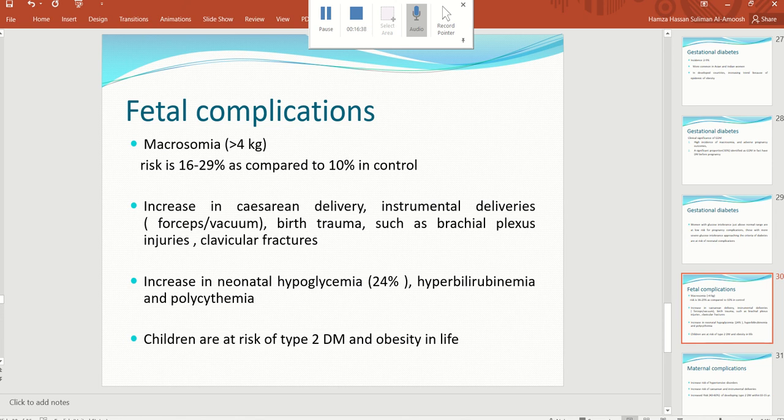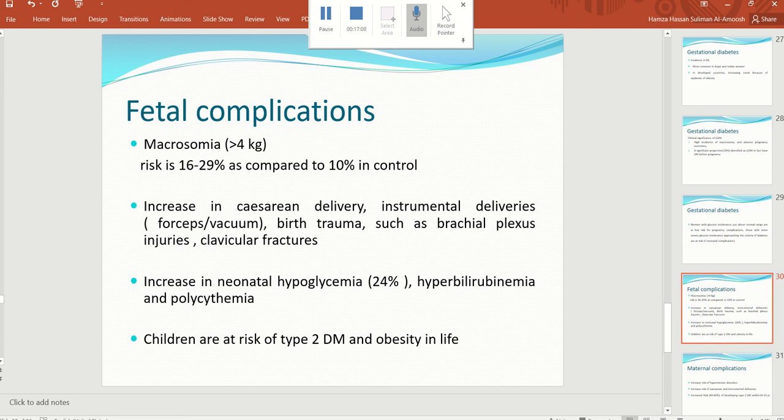Increased incidence of neonatal hypoglycemia, hypolipidemia, and polycythemia. The hypoglycemia is due to the fact that after delivery the glucose level suddenly reduces, but the baby was used to producing more insulin. This will cause hypoglycemia. That's why it's important to monitor the baby for hypoglycemia.